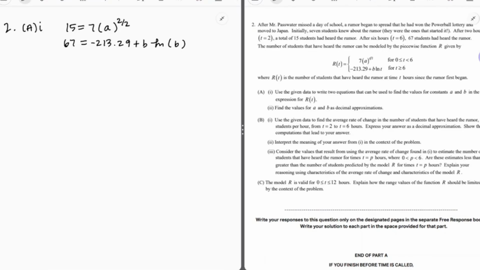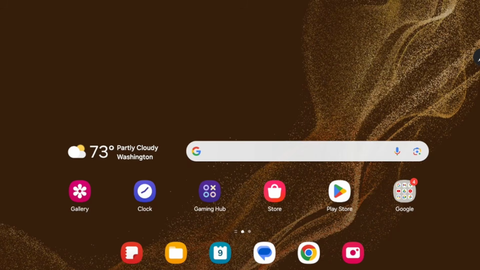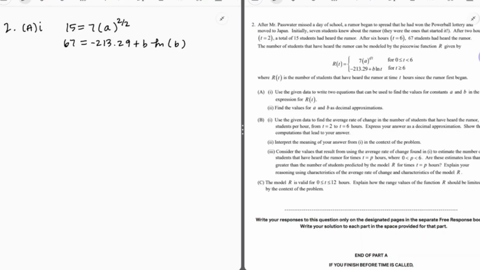Okay, so 15 equals 7 times a to the 1, so a is 15 divided by 7. B is going to be, but they want a decimal approximation, so I can give them that here in a second. B natural log of 6.